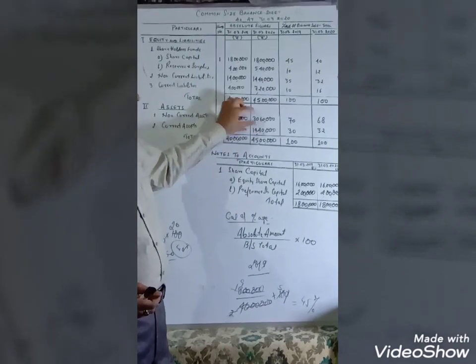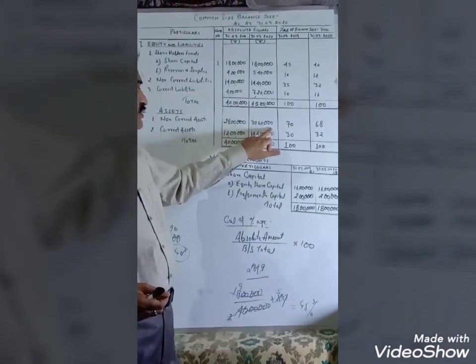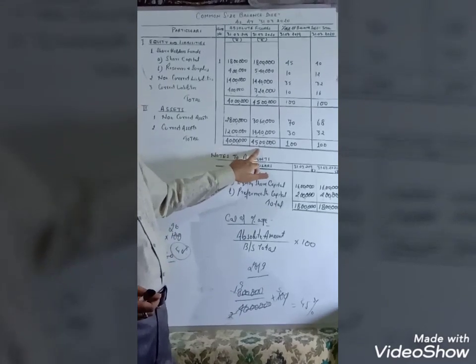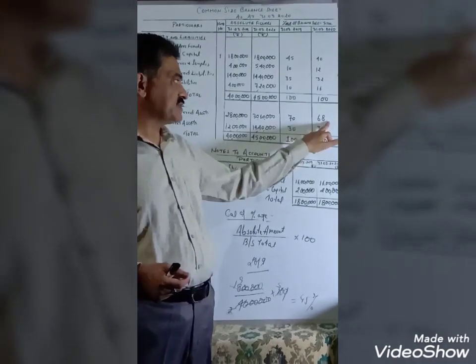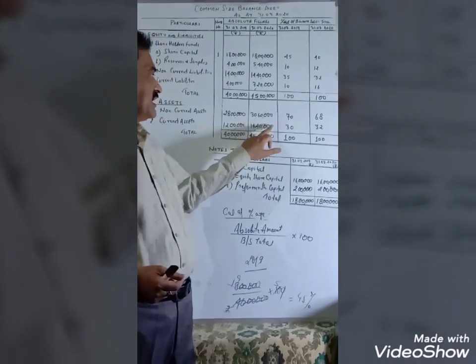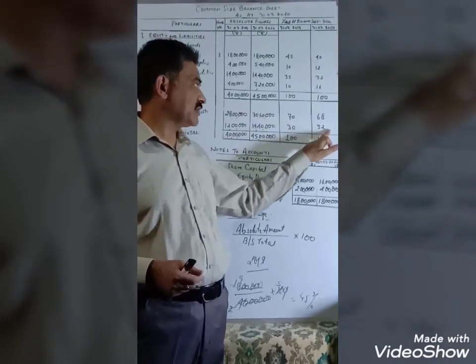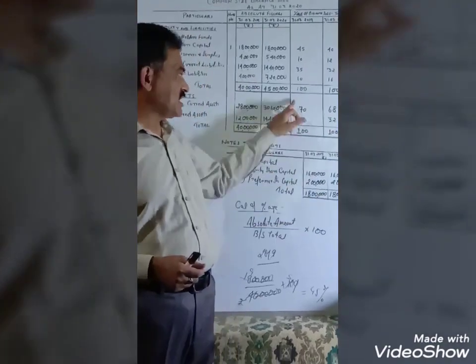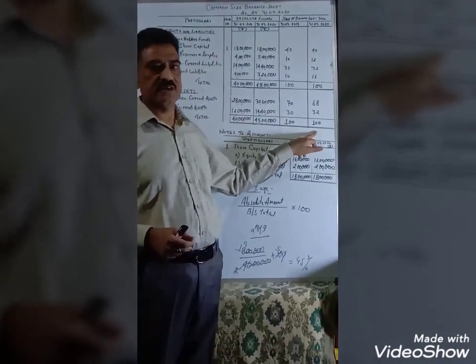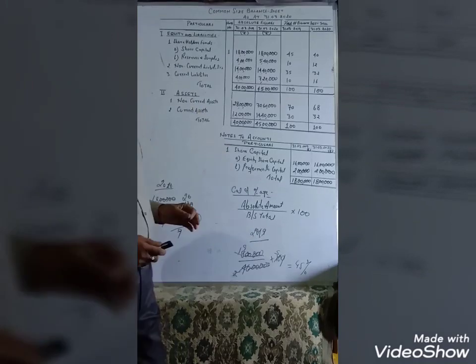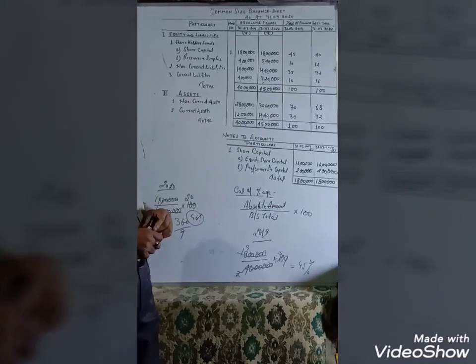For the year 2020, 30 lakh 60,000 divided by 45 lakh multiplied by 100, we will get 68%. And 14 lakh 40,000 divided by 45 lakh multiplied by 100, we will get 32%. The sum total will be 100%. This is what the common size balance sheet is.